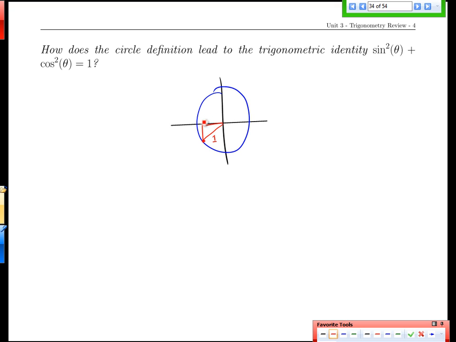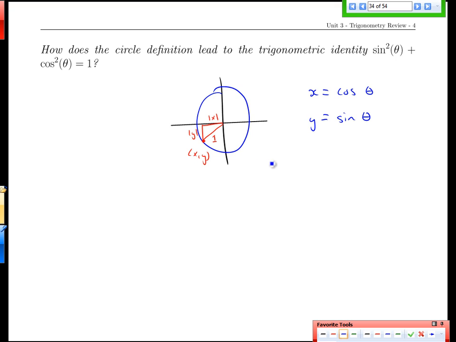And whatever this length here is, it's going to be defined by the location of this point, x and y. The length here would be whatever the value of x is, possibly absolute value. If we want to talk about a length, if x is minus 0.7, this length would be 0.7. But we said earlier that x would be equal to cos of theta, and y would equal sine of theta.